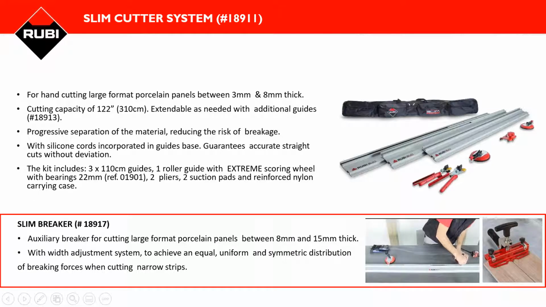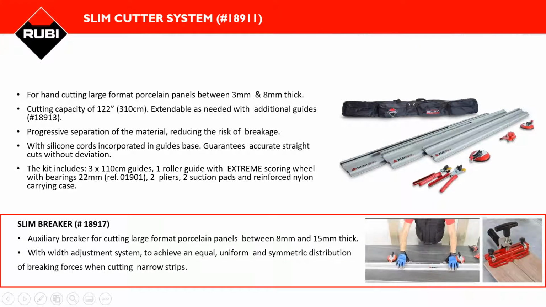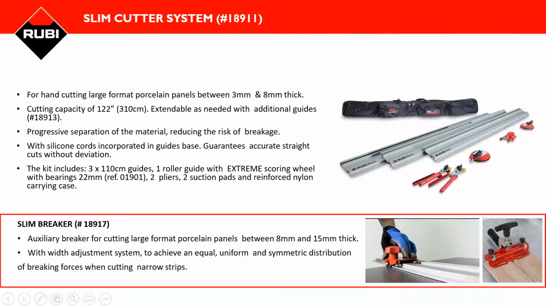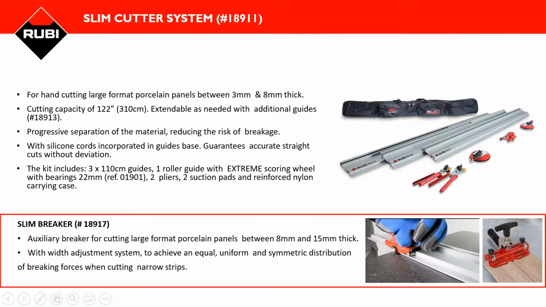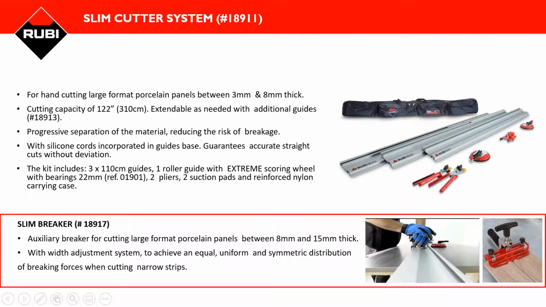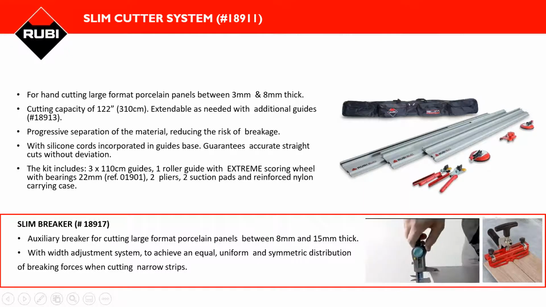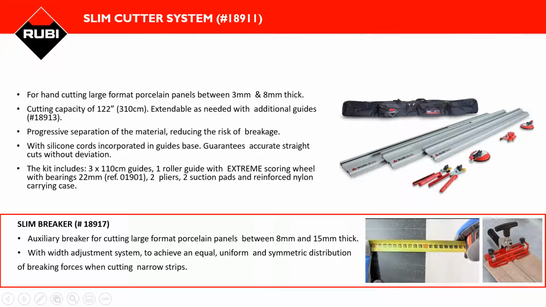You'd be surprised into thinking, maybe this isn't something I want to try on these 10 millimeter, 12 millimeter slabs. You actually get a nice clean cut and nice clean finish using the slim cutter in conjunction with the slim separator.